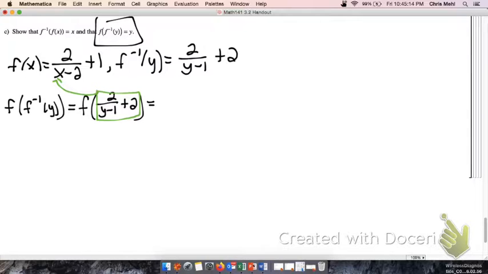So this equals 2 divided by, and that whole expression gets plugged in for x. So that's the x. You subtract 2 and you add 1. You'll notice this 2 and this minus 2 cancel.